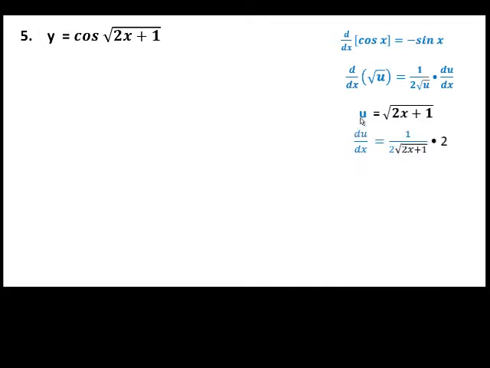And our u in our problem is 2x plus 1. So the derivative of the square root of 2x plus 1 with respect to x is equal to, using this formula, 1 over 2 square root of 2x plus 1 times the derivative of 2x plus 1, which is 2.